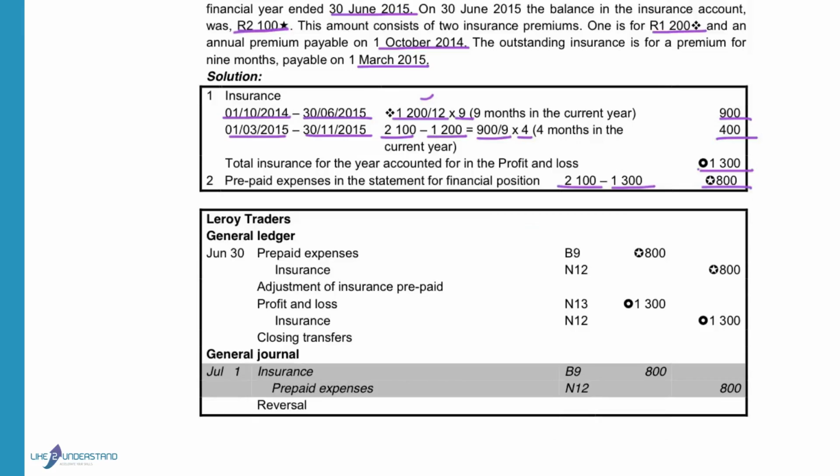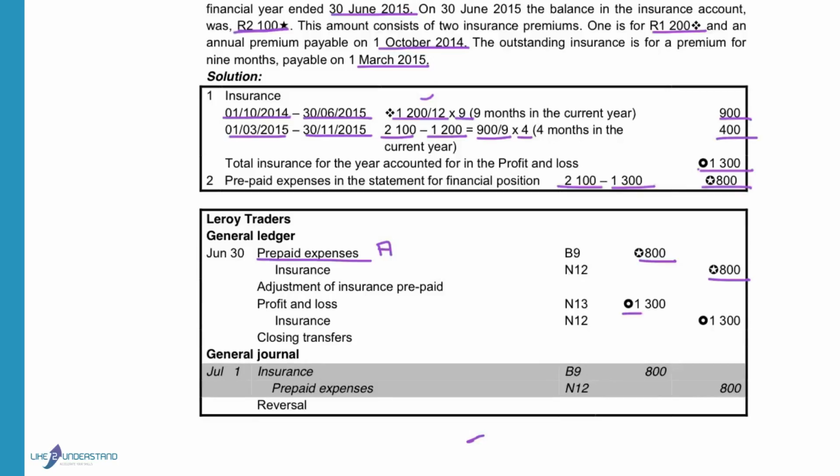We will debit prepaid expenses with 800, so we create an asset because we paid the expense for the following financial year. We will credit insurance to reduce the expense. Then we will look at the total amount that must go to the profit and loss account.